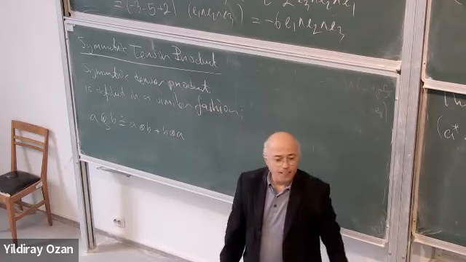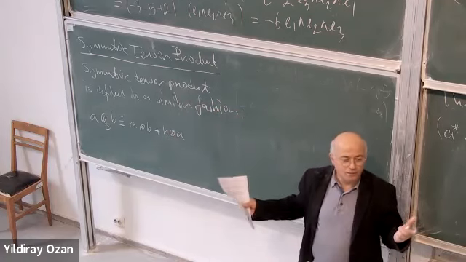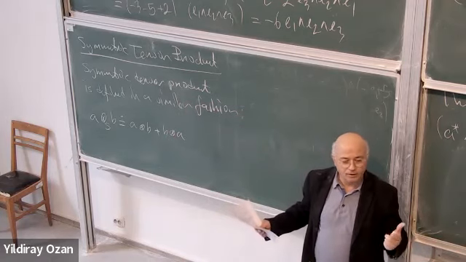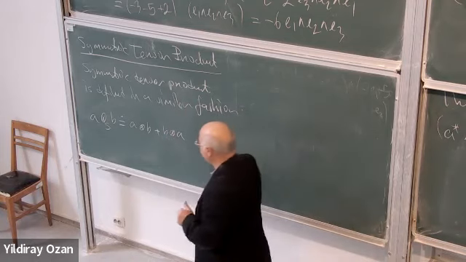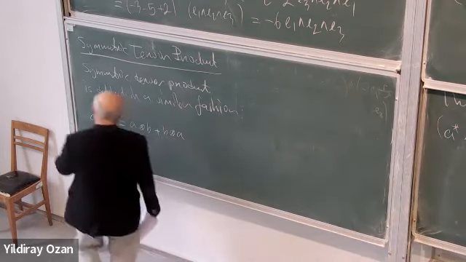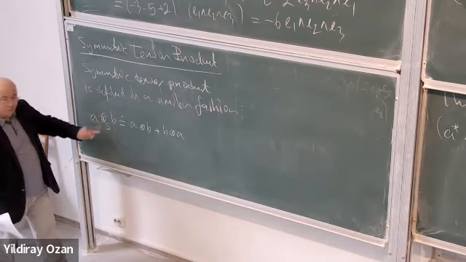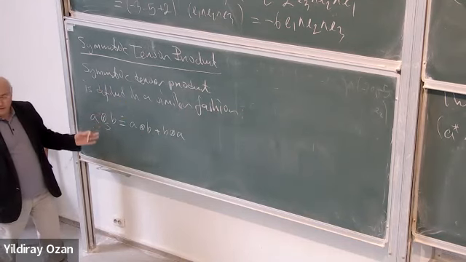Okay, but symmetric products, you don't see them much because they are not as useful as alternating or anti-symmetric products. Okay, this is how you define it. In the anti-symmetric product, we have a wedge sign here. Here you don't have a wedge sign, we just write it like this.